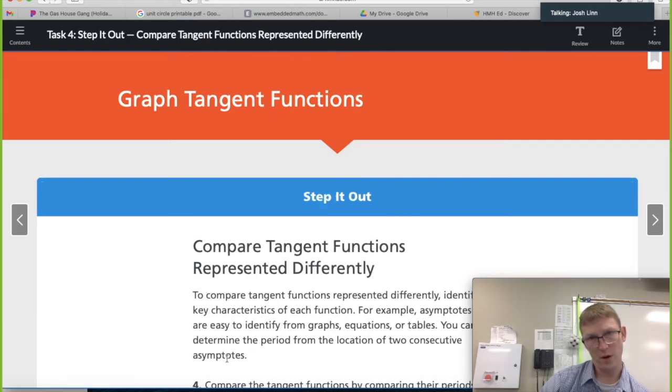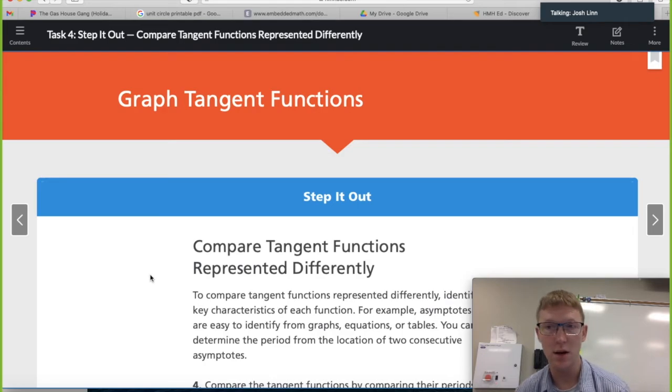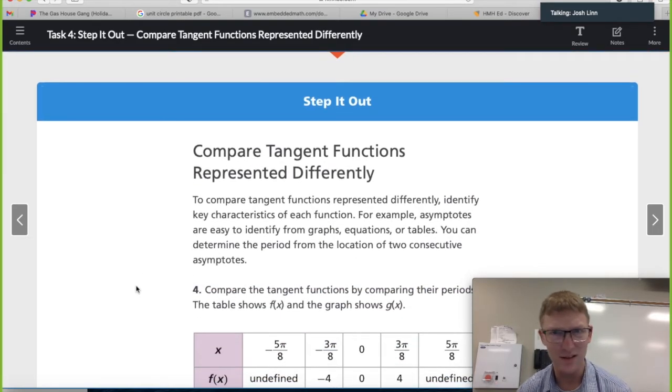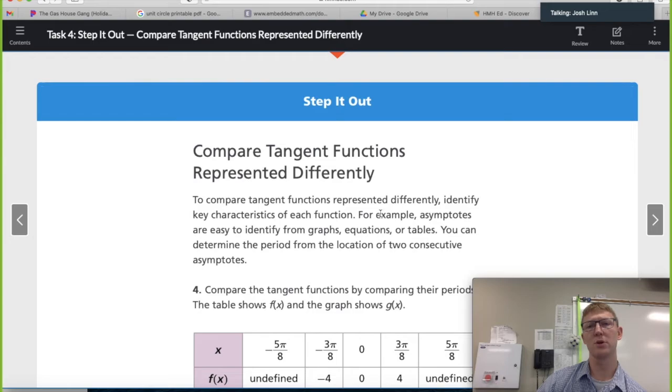So this little part here, compare tangent functions represented differently. Let's say you did an experiment and you have a table of data and you didn't necessarily know it was a tangent. How would you figure that out? For example, asymptotes are easy to identify from graphs, equations, or tables.